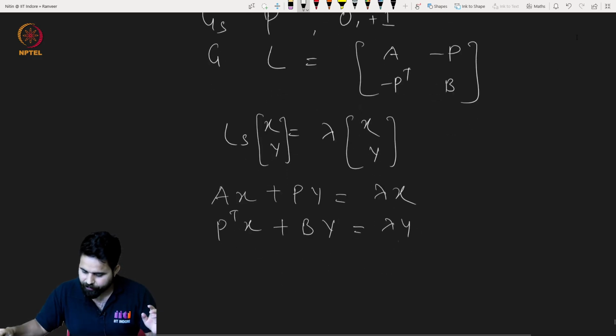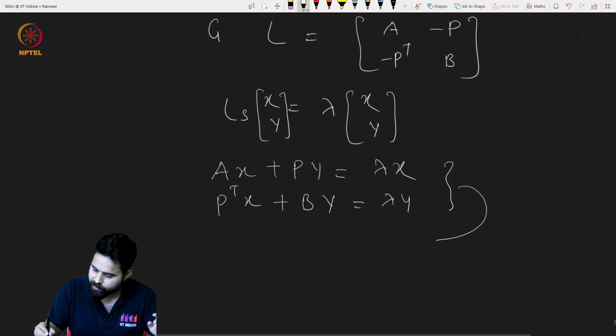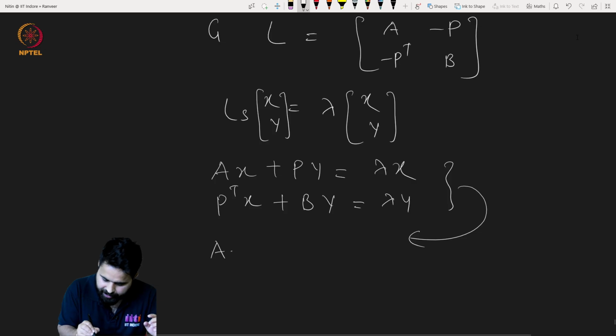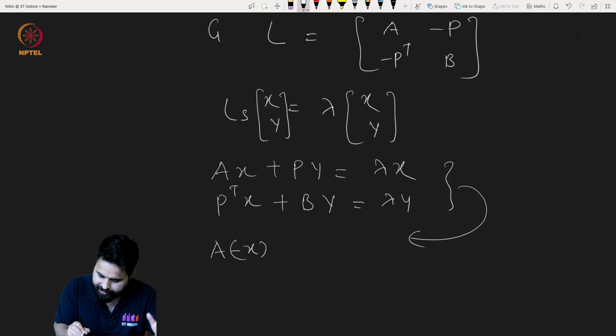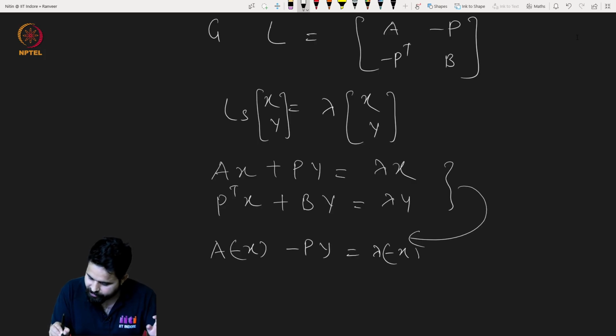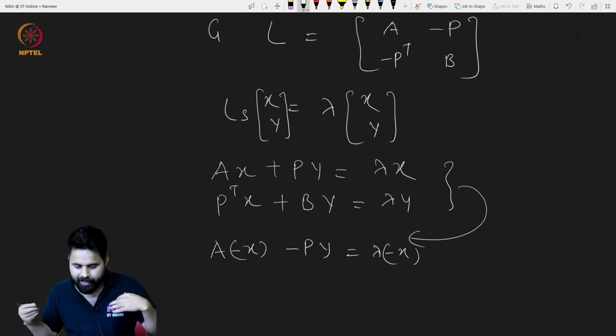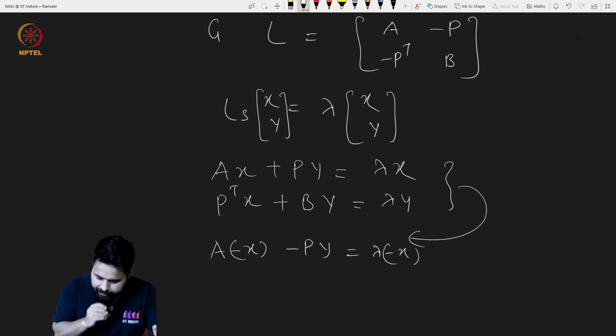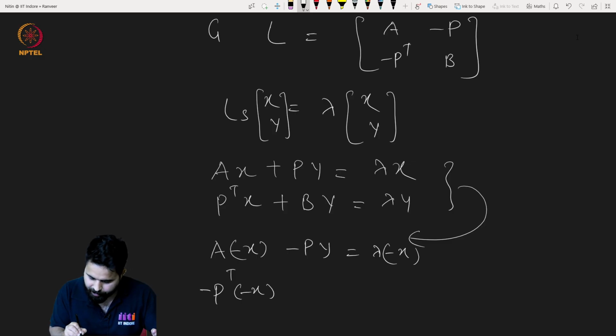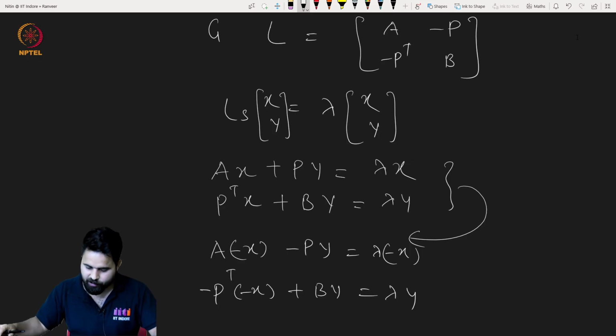Now if you see carefully, using this we can conclude the following. Let me take minus x, then minus Py. This you can write as minus x, just rearranging the negative signs here, and then P transpose, minus x, plus By, you will get this.